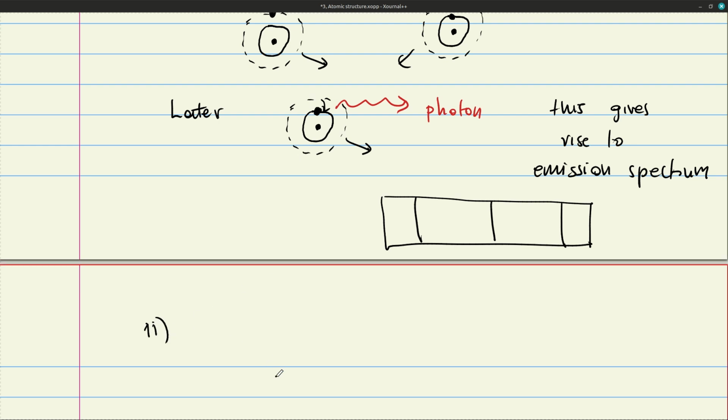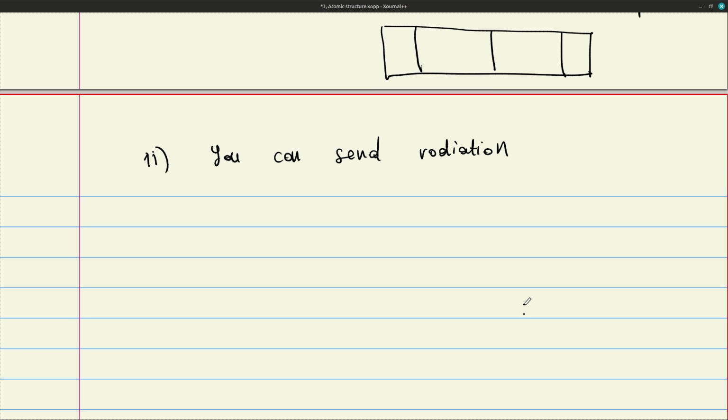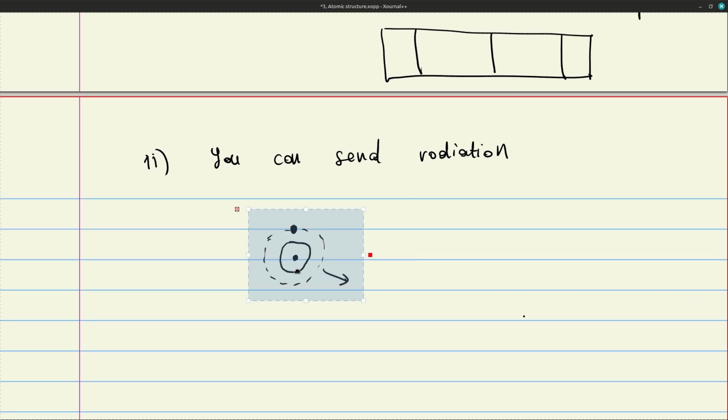And the second main mechanism is you can send radiation, right? So you have exactly the same atom.